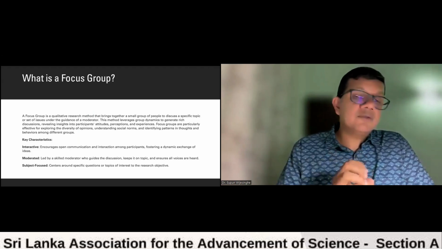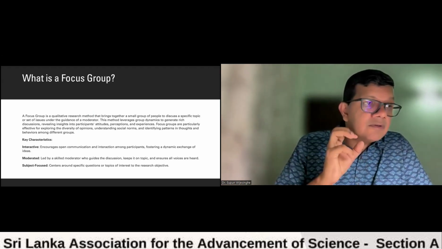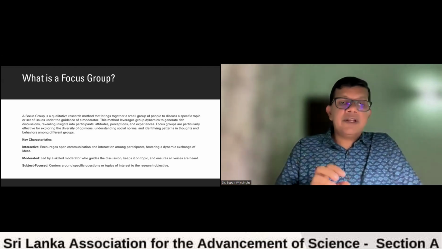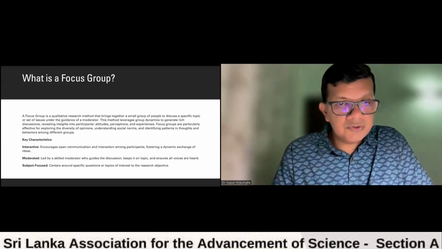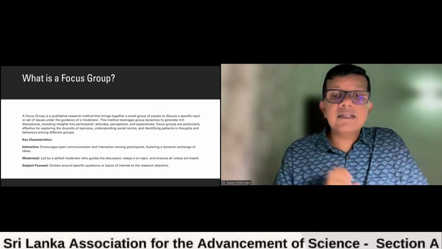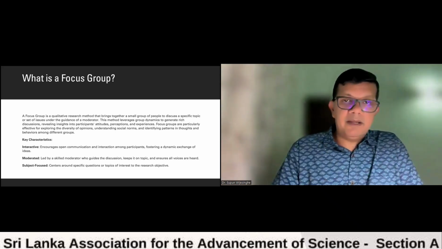Moderated, always it has to be moderated. You can't consider it a qualitative research data collection method if you don't have a moderator. It's not considered a focus group unless you have a moderator. There should be a skilled moderator who guides the discussion, keeps it on the topic, and ensures everybody participates.